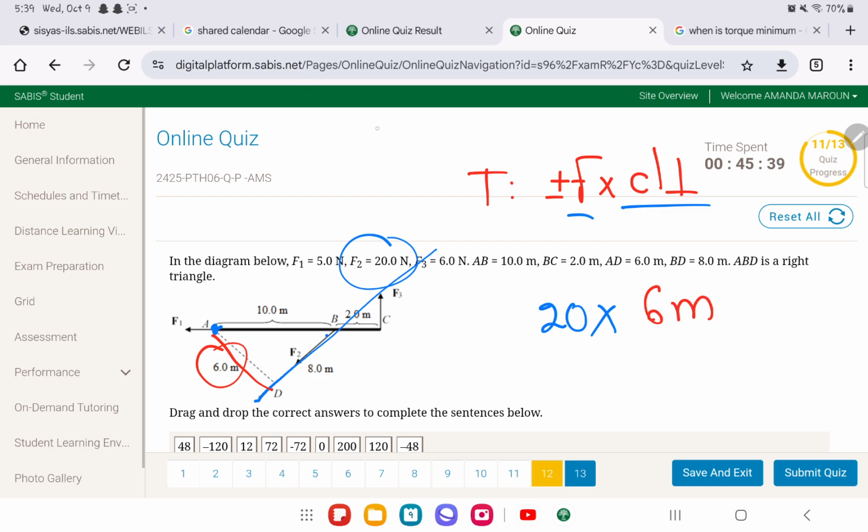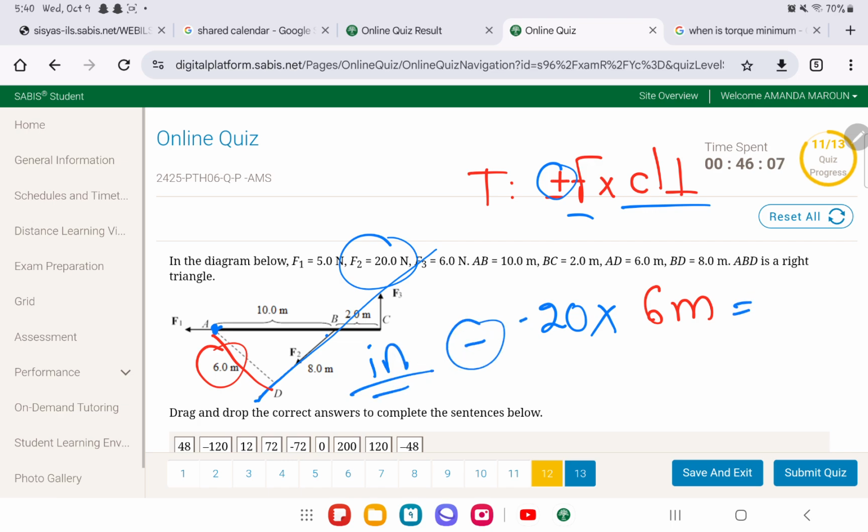But now here's the trick. Is it positive or negative? To see if it's positive or negative, we are going to do the right hand rule. So we're going to put our right hand on F2, our fingers facing to where the arrow is facing, and then our palm facing to our axis. And so then we are going to get that our thumb is inwards, so then it is negative.